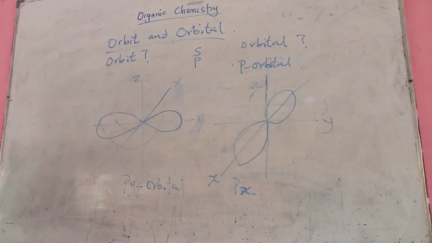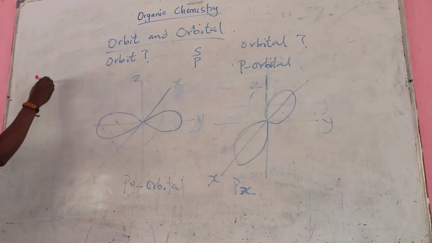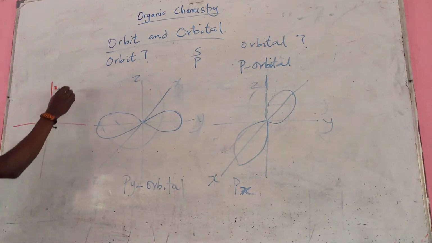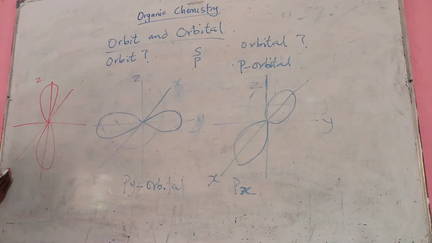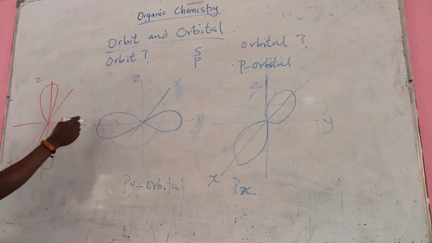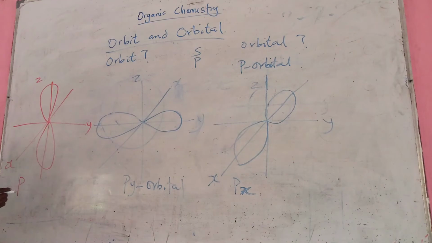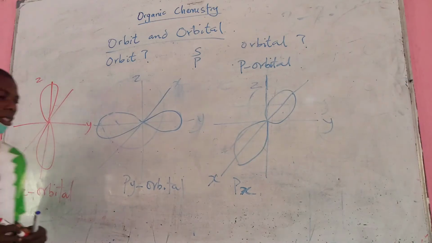Equally, we have the pz orbital. You can see the lobes of the orbital are lying on the z axis. So this is the pz orbital.